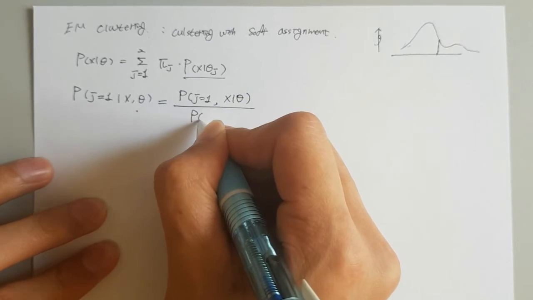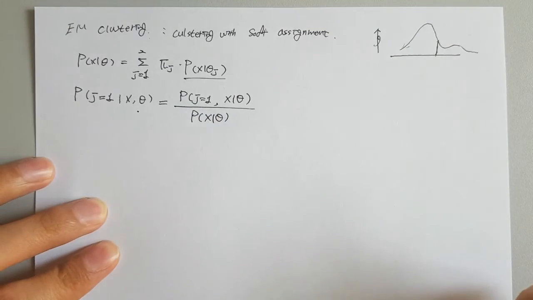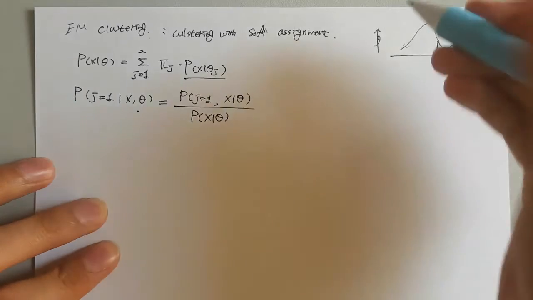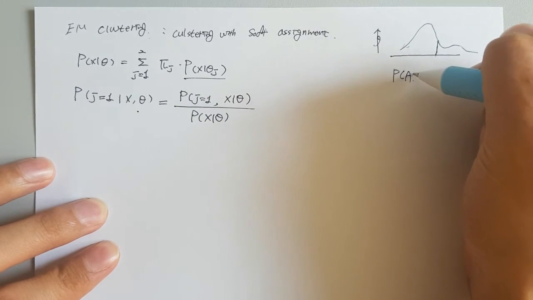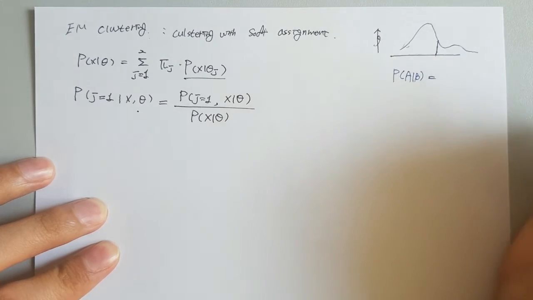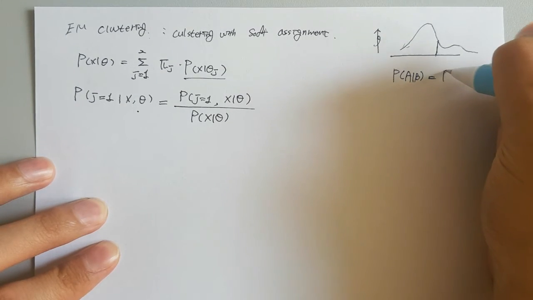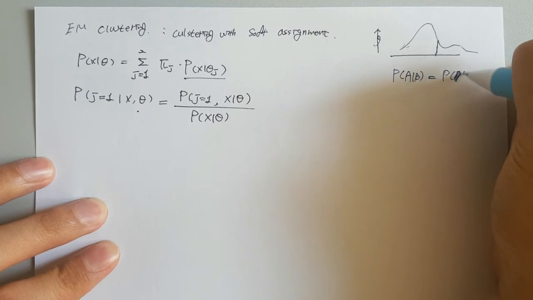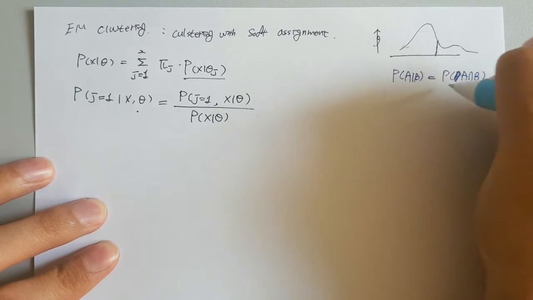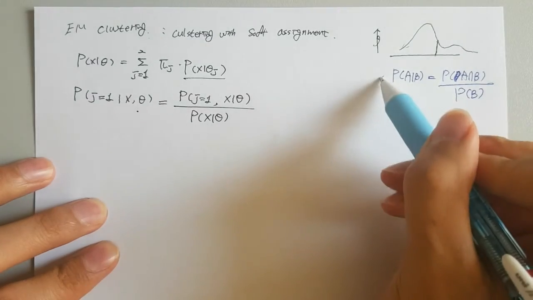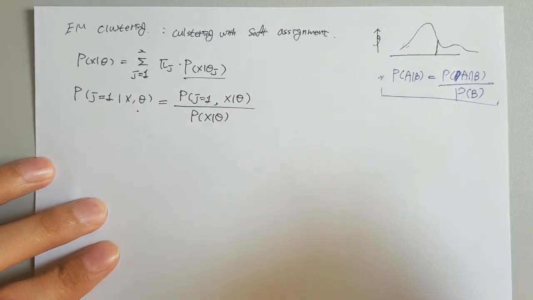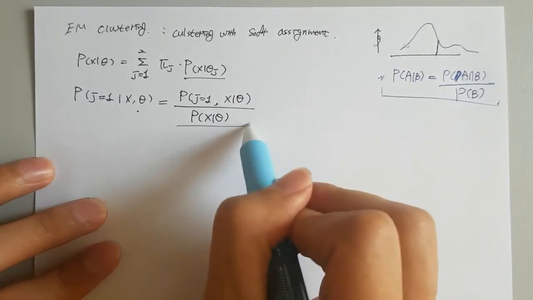This is probability theory. So for those who don't know this theory, if A given B, the conditional probability is the same as the probability of A and B over P(B). So I think you remember this equation, then you can understand these lines.